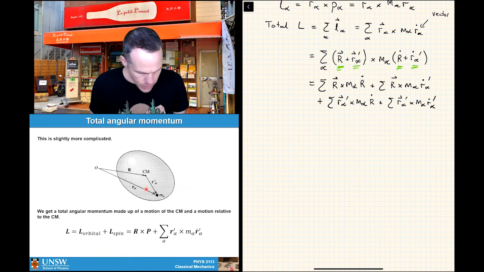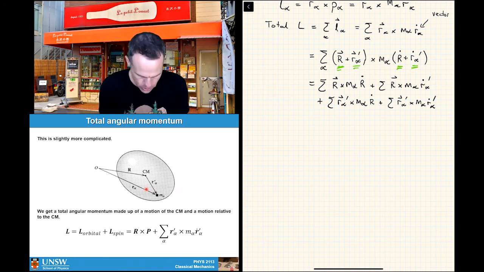Okay, now the mass is a scalar in here, and so I can clean this term up a little bit here, and I'll just move it across so I can fit everything in. This is going to now be R cross.